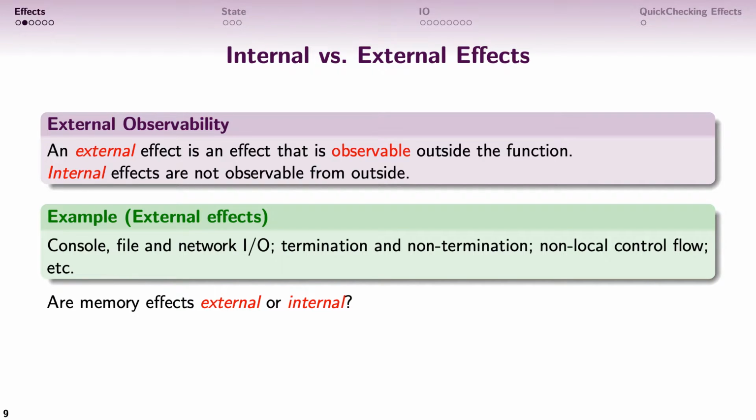Whereas if I write to a local variable, then the only part of the program that can observe that change is the function that is writing to that local variable. So all of those internal effects are contained within the function that is doing them.